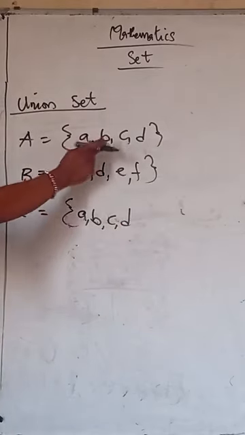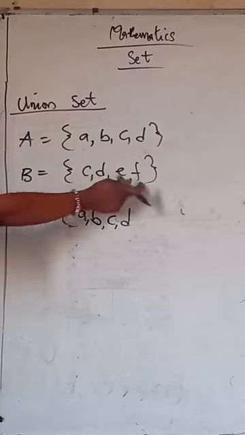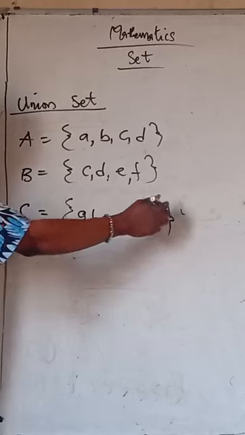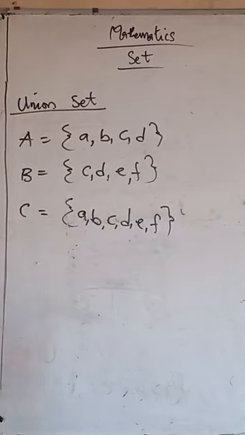So since we have A, B, C, D, the continuation of it will now be E, F. Have you seen it? So union set is the continuation of the first and the second one to give the third one.